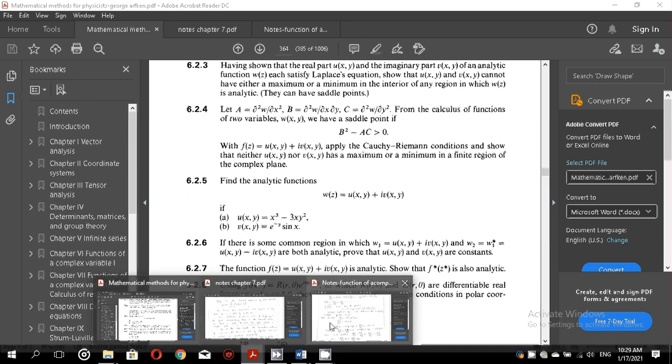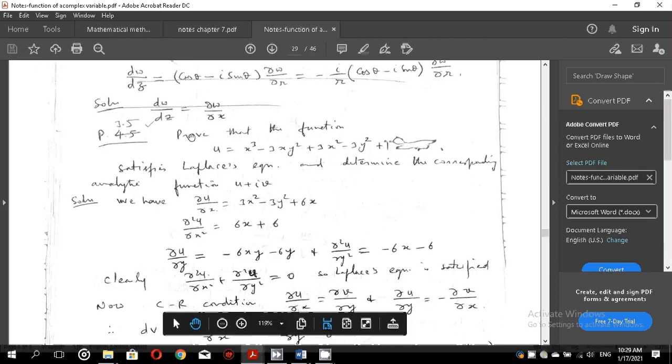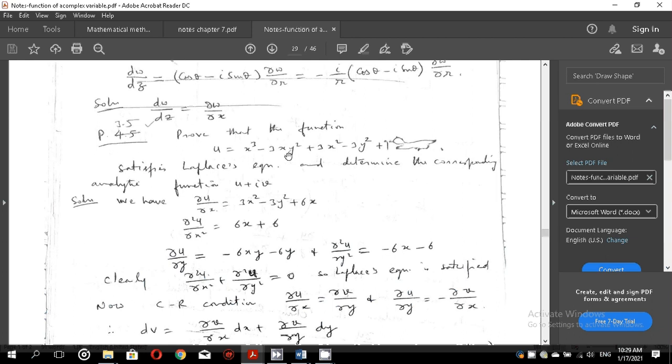So here I have solved this. So you see that u is x cube minus 3xy square, and now because the function is analytic, then we have to satisfy the CR conditions.